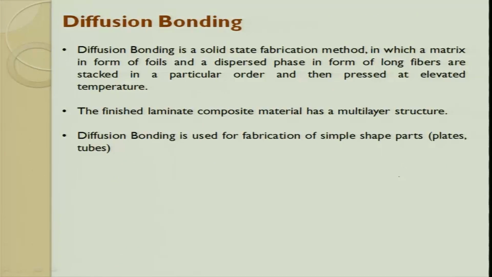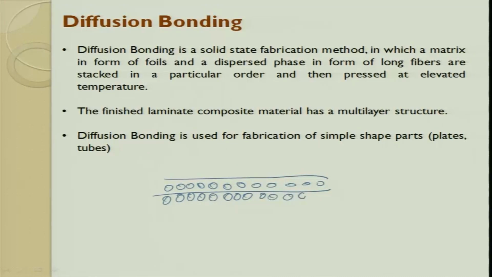What is diffusion bonding? Diffusion bonding is a solid state fabrication method in which the matrix is in the form of a foil. We take a foil, put some reinforcing agent on it, and then have one more foil, then reinforcement. This is a cross section view.